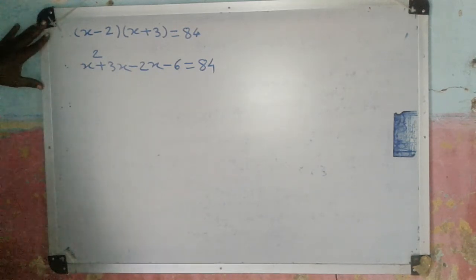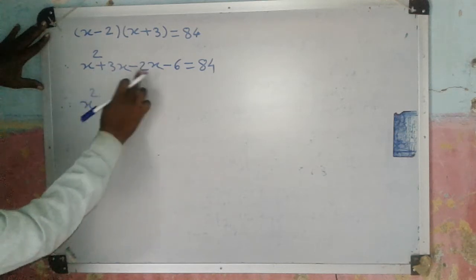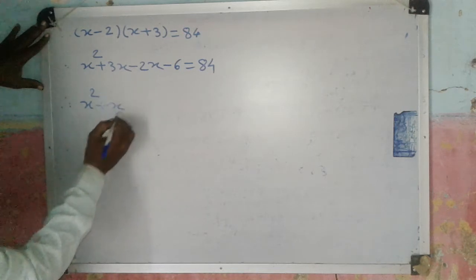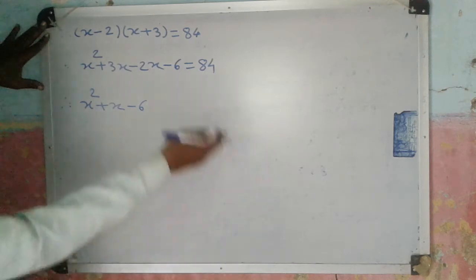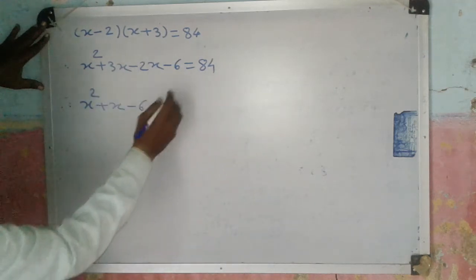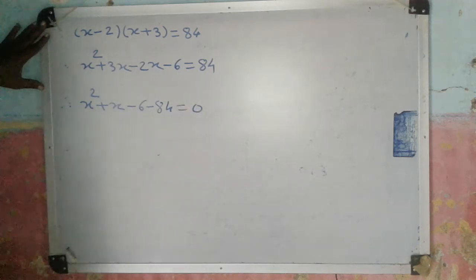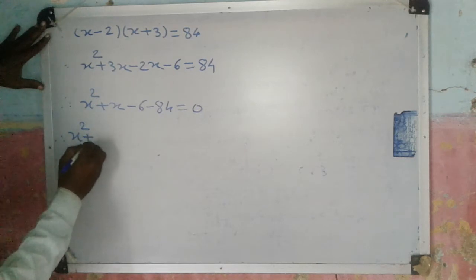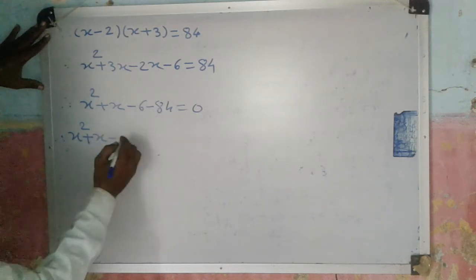Now write in standard form. x square. Now see here, 3x minus 2x we get plus x, minus 6 as it is. Take this 84 from right to left, we get minus 84 is equal to 0. Therefore x square plus x, minus 6 minus 84 we get minus 90.